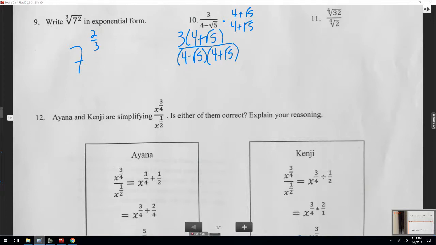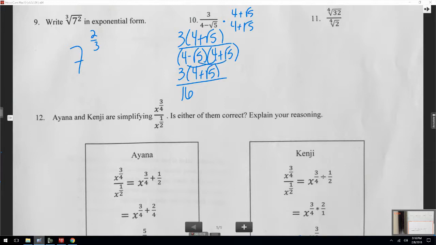How are we doing so far? Are we okay? All right, and then on the top, we don't want to distribute because we're hoping that something will reduce. So we're just going to keep it like this. But on the bottom, we get to do conjugate, so we don't have to FOIL the whole thing. We just say our first is 4 times 4, which is 16.